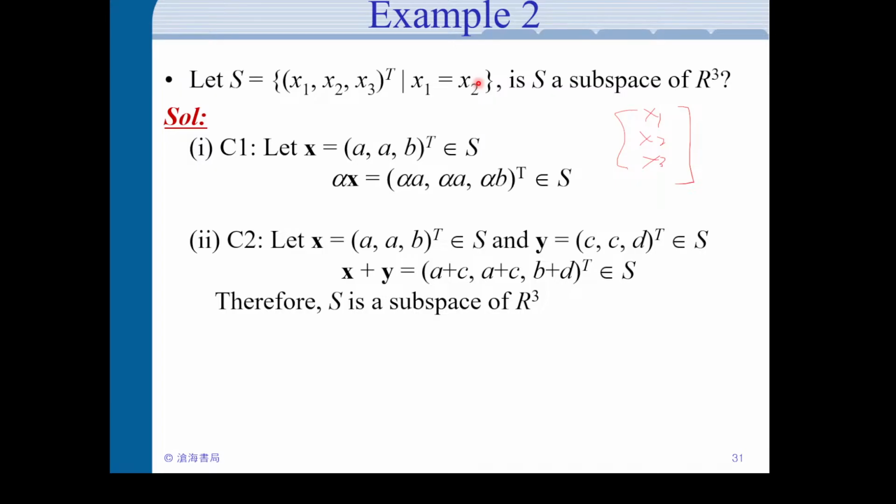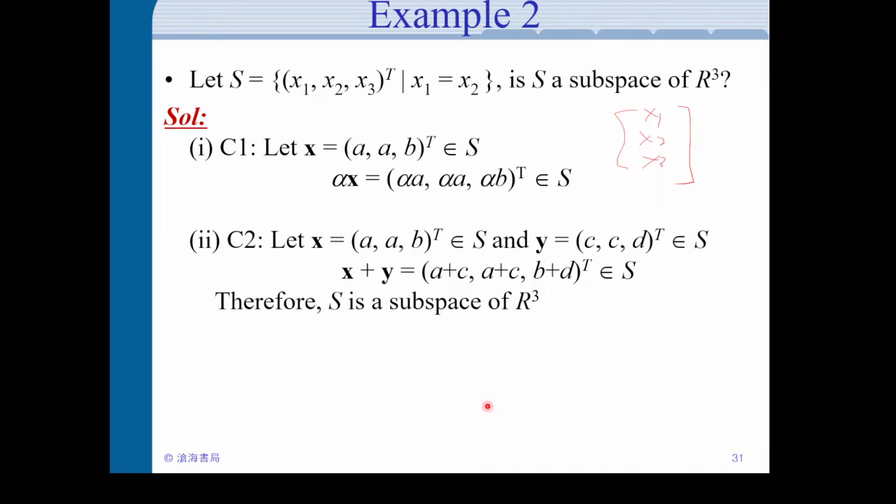So it's a vector of the form (a, a, b), and we only need to check the two closures. For the first closure, alpha times (a, a, b) gives (alpha a, alpha a, alpha b). The first two coefficients are still the same, so it's inside S. Similarly, for C2, (a, a, b) plus (c, c, d) gives a plus c and a plus c, which are the same, so it's still inside S. So S is a subspace of R3.